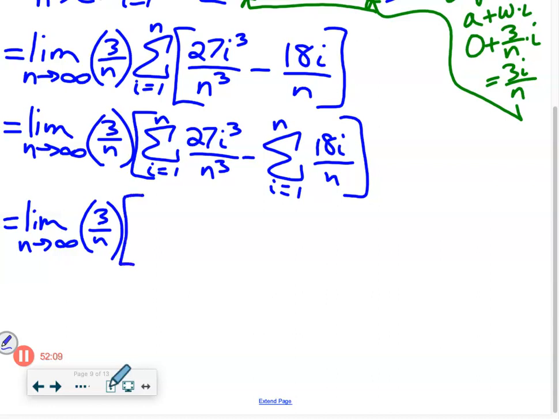Anyway. Okay. Each of these constants now can go in front of their own personal sigmas. So the 27 over n cubed, whoops, I wrote down 27 over n cubed, can go in front of its sigma.